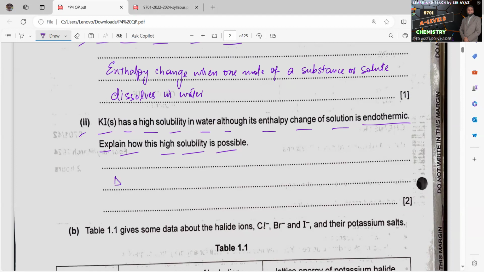Delta S is positive, or the increase in entropy is greater. Delta G is negative.